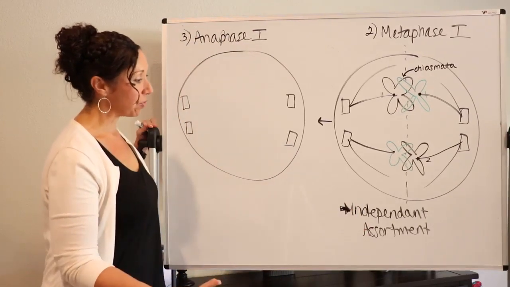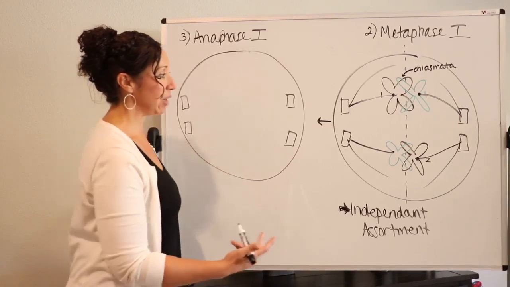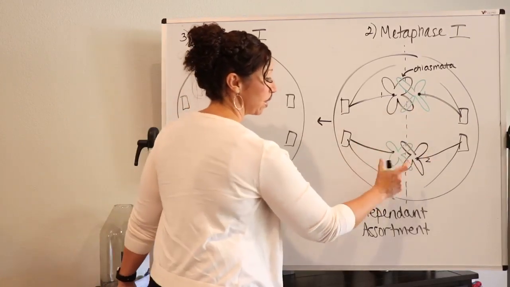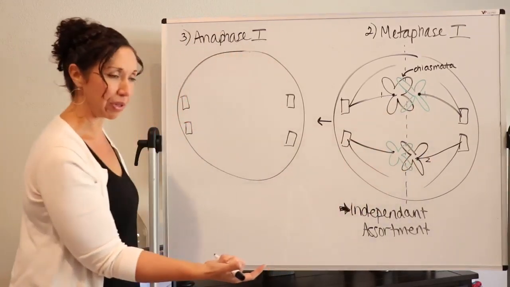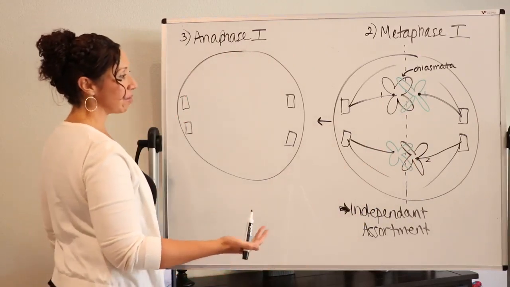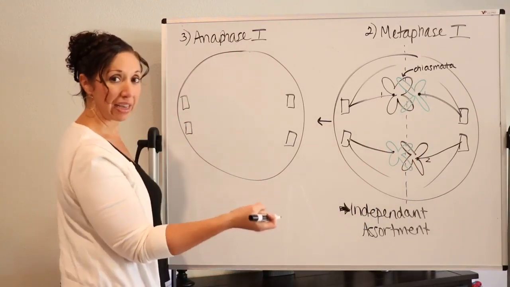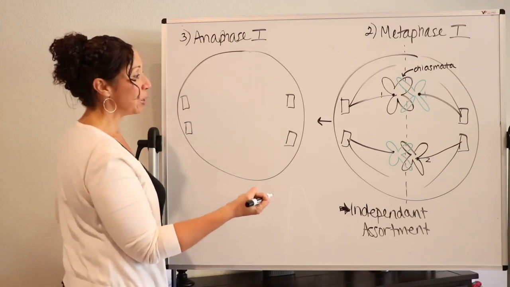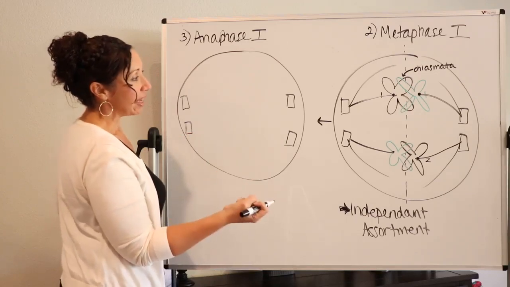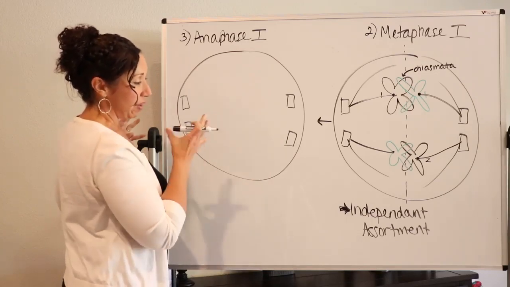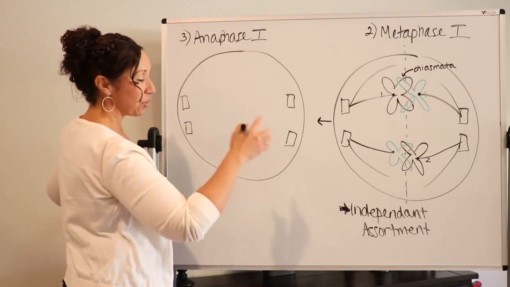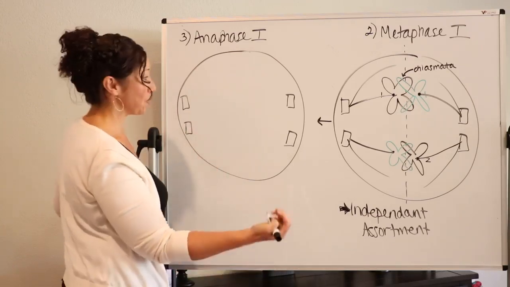So we have crossing over, we have independent assortment, meaning we have no clue on how these tetrads are going to line up along the metaphase plate. It plays a big deal now because we're going to start to get to our first split of meiosis. So just like mitosis, when we split apart the sister chromatids, we're going to take apart the tetrads now.